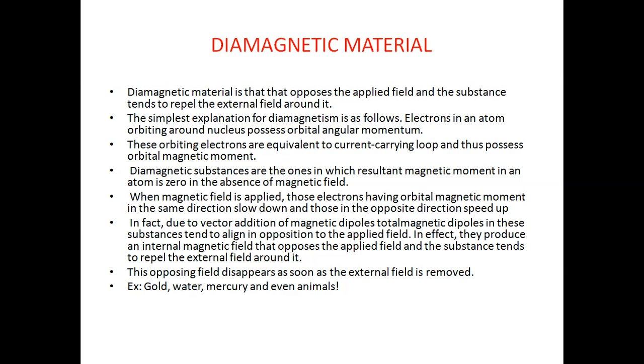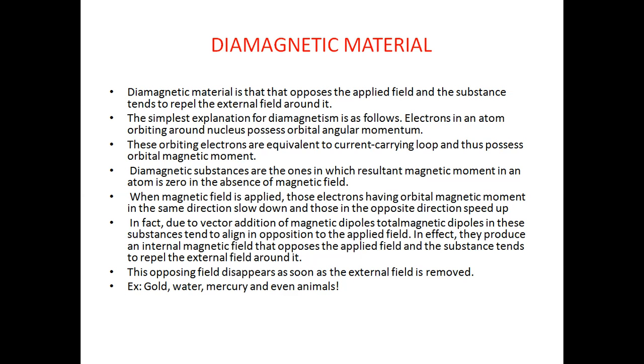Now, what happens when this type of material is placed in an external magnetic field? When this type of material is placed in an external magnetic field, due to Lorentz force, the velocity of one electron increases and the velocity of the other electron decreases.